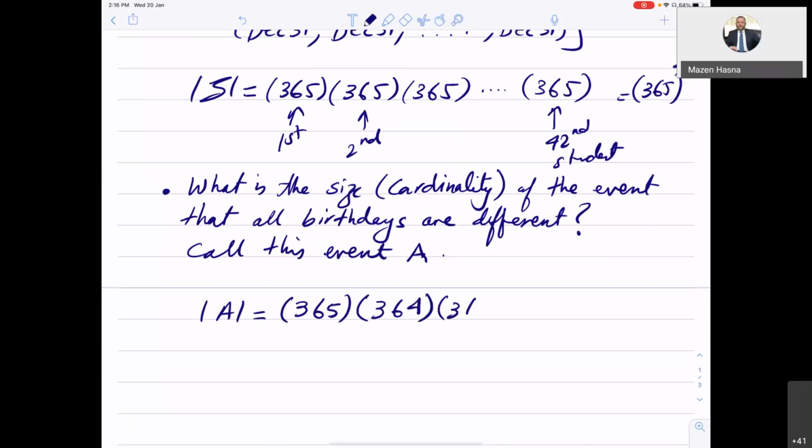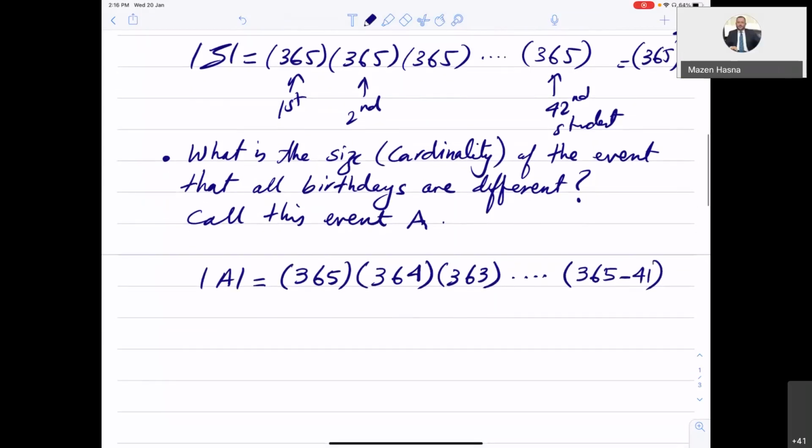And the third student, 365 minus 2, until you reach 365 minus 41. Why 41? Because this is the first student, this is the second. The second is 365 minus 1, the third is 365 minus 2. So it's always one less.